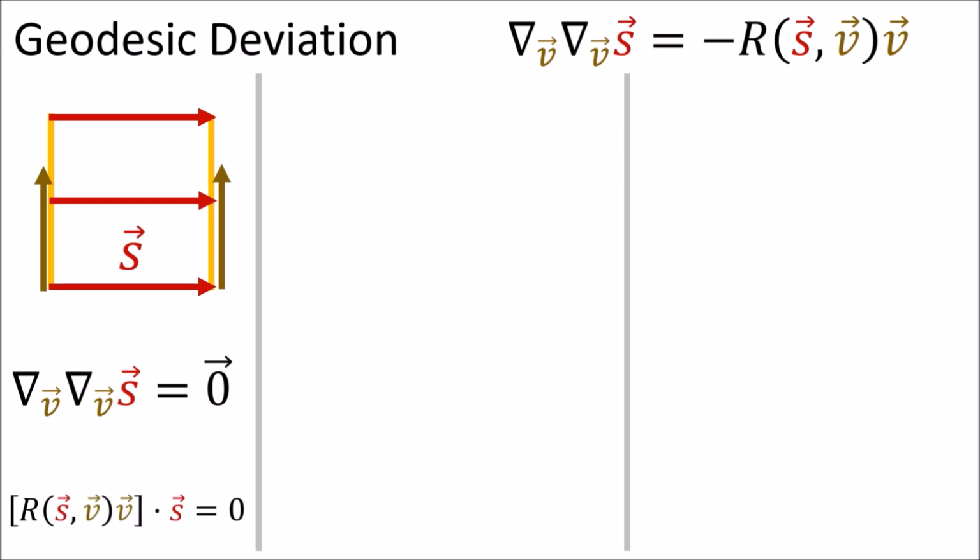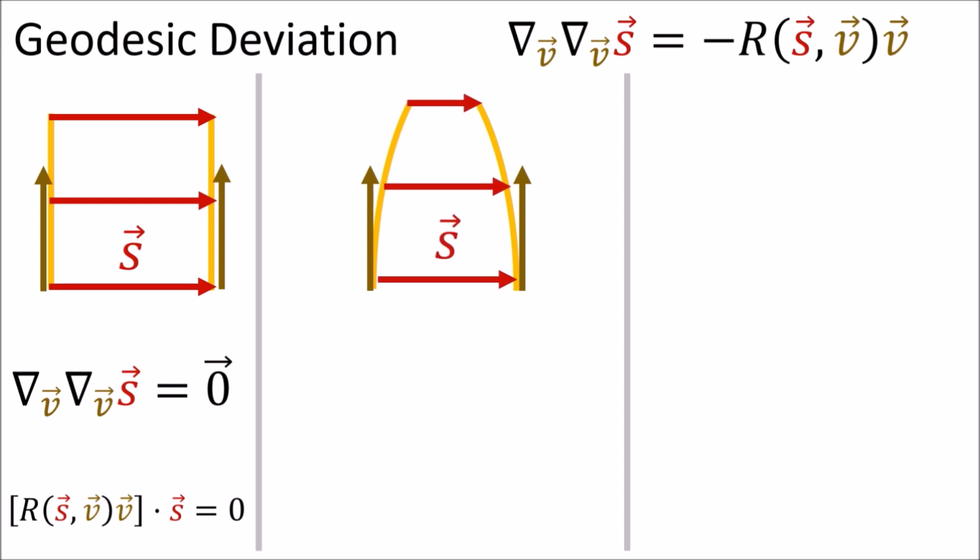Now, what about a situation like this, where the geodesics are accelerating toward each other? This would mean that the separation vectors are getting smaller and smaller. In other words, the second derivative of the separation vectors would point to the left, in the opposite direction of the s vectors themselves. Right? If the s vectors are getting smaller and smaller pointing to the right, that's the same thing as the vectors accelerating towards the left.